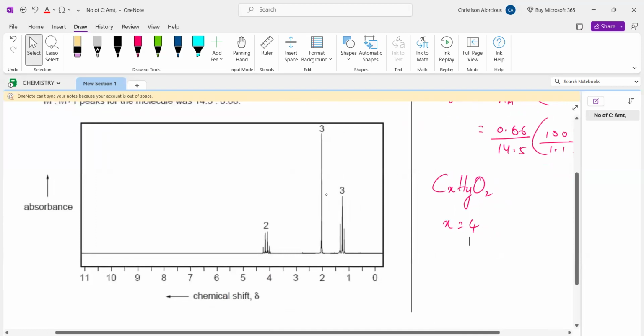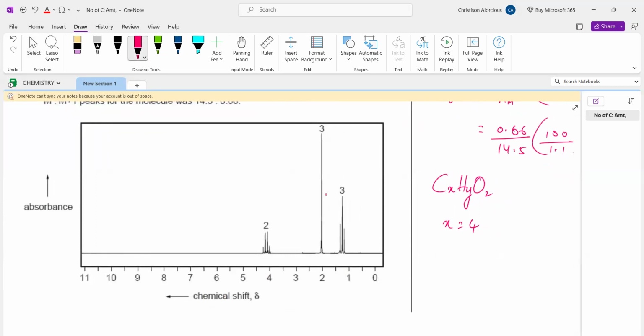Now, these numbers given right above the peaks refer to the number of hydrogens represented by each of these peaks. This peak looks like 1, 2, 3, 4, so it looks like a quartet, represented by 2 hydrogens.